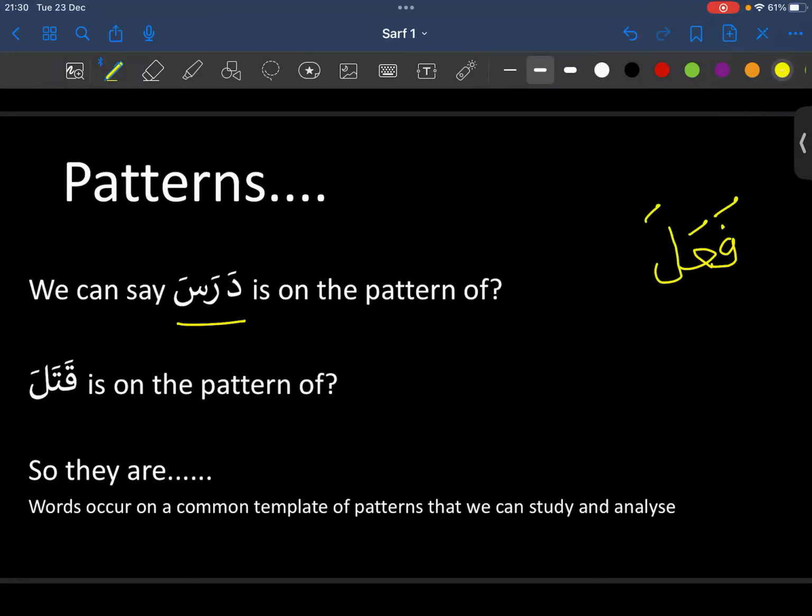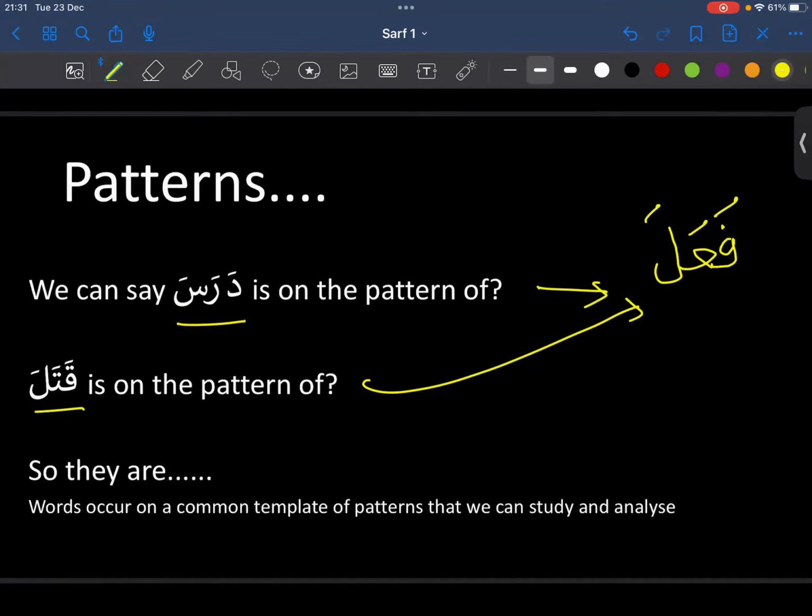So we can say that darasa is on the pattern of fa'ala. And if you take another word, qatala, it means he killed. He killed in the past. If we were to apply the same procedure, we would also notice it is on the same pattern of fa'ala. So both of these verbs are on the same pattern, the pattern of fa'ala.